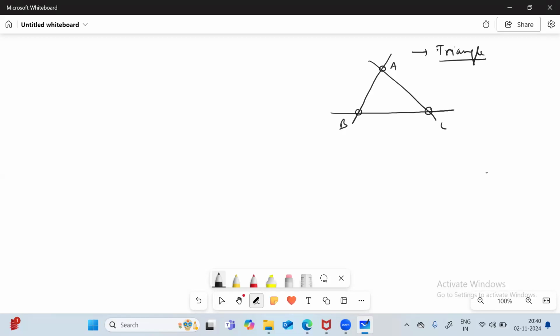And we also proved that in a triangle, the sum of all angles would be 180 degrees. How did we do it?